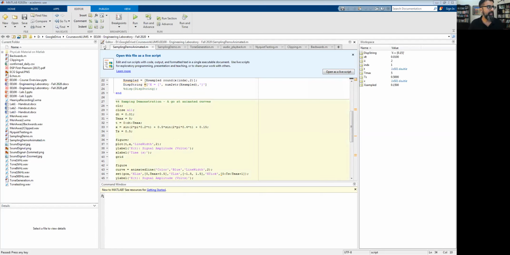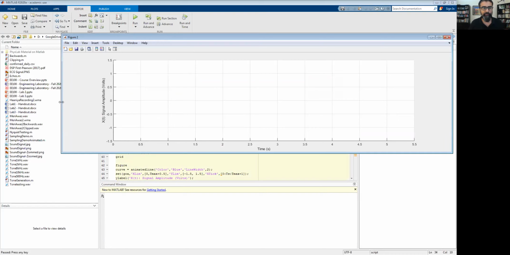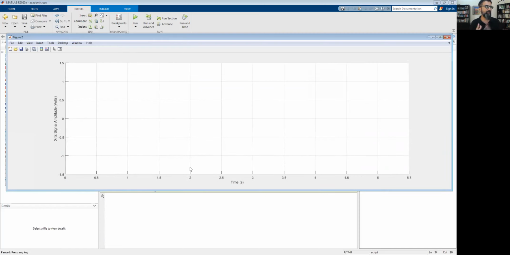Right. So this is how sampling is going to work. So hopefully you're going to be able to see, right? So at time 0, you don't have anything, right? And what you do is that at time 0, you switch your switch on, and you just sample what your data was, right?